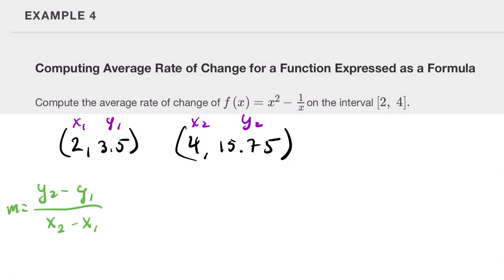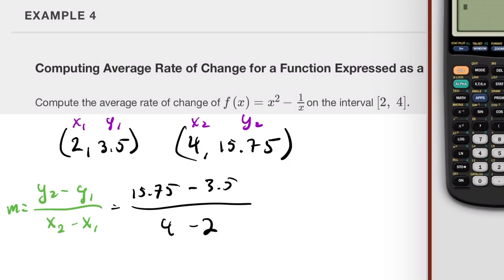Okay, I don't have any negatives, so I'm just going to go 15.75 minus 3.5 over 4 minus 2. I guess I'll just use my calculator for that as well.